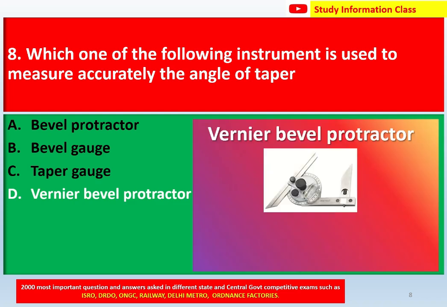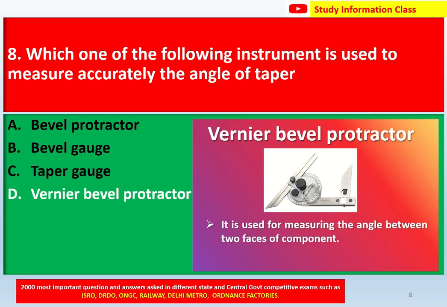It is used for measuring the angle between two faces of component. So in this question, the correct answer is Vernier bevel protector.